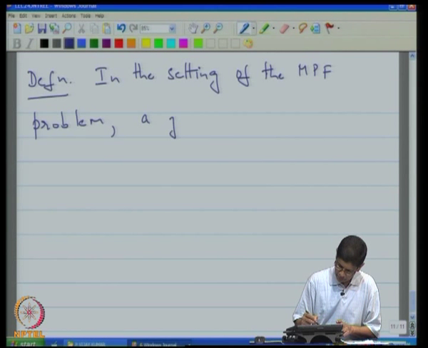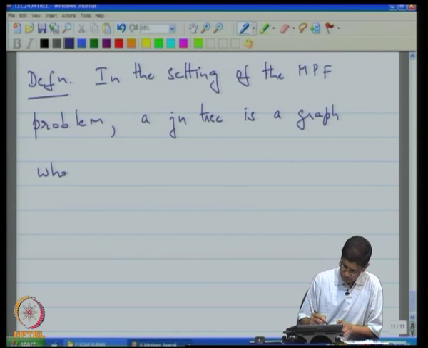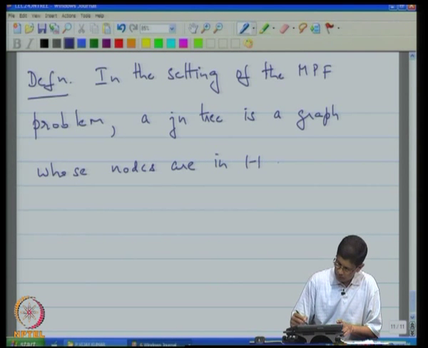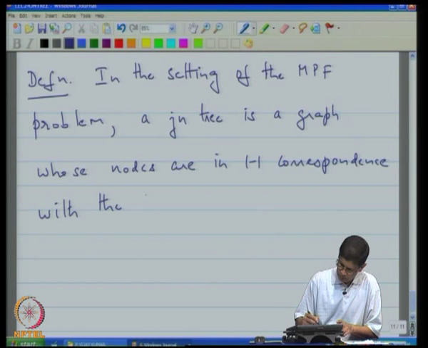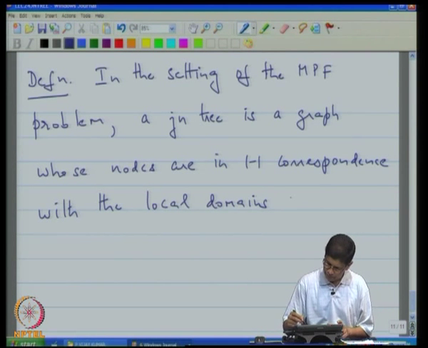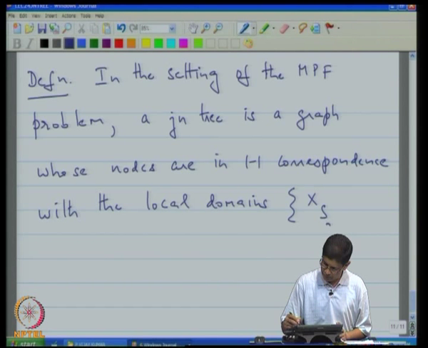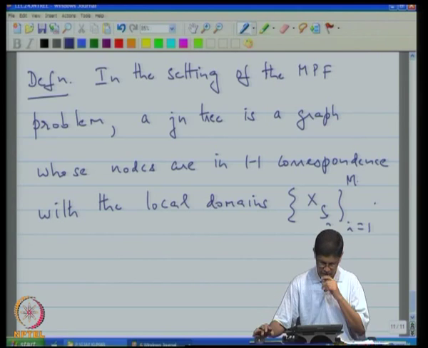A junction tree is a graph whose nodes are in one-to-one correspondence with the local domains x_{S_i}, i going from 1 to M. So, there are capital M nodes, each one corresponding to a certain local domain.